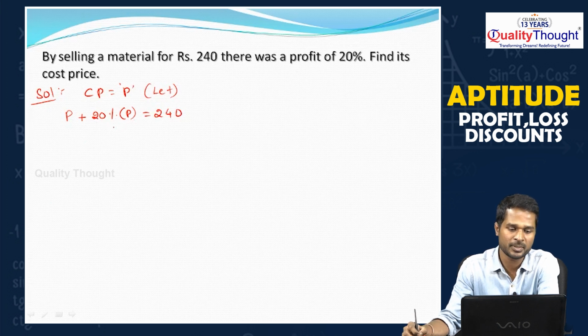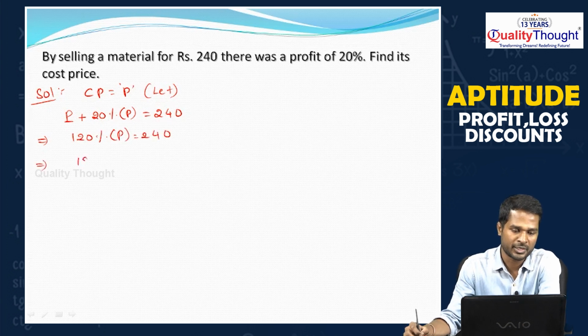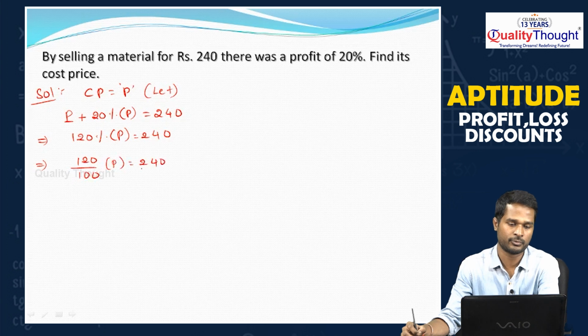So, this is 20% of P, and in front of this P there is nothing, which means it is 100% of P. So, how can we write that? It is 120% of P is equal to 240. Elaborating it, 120% of P is equal to 240.